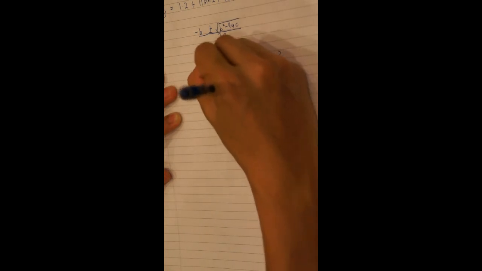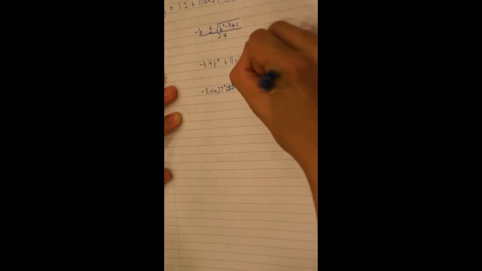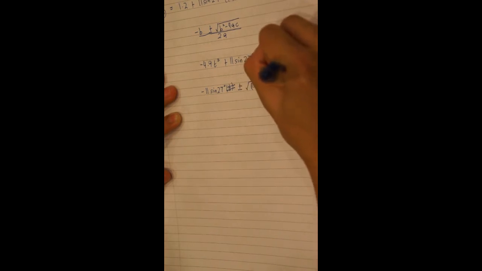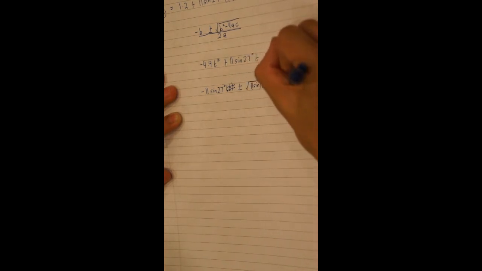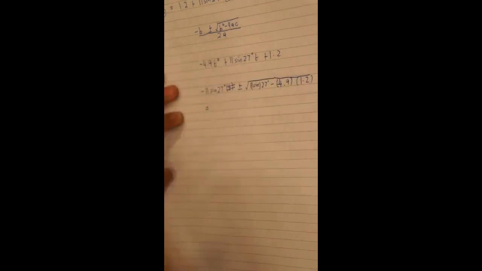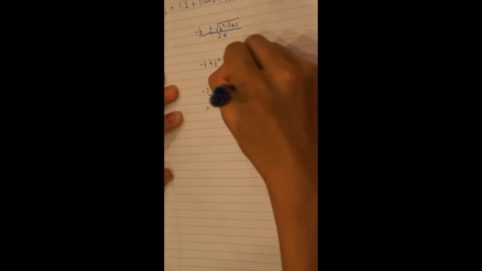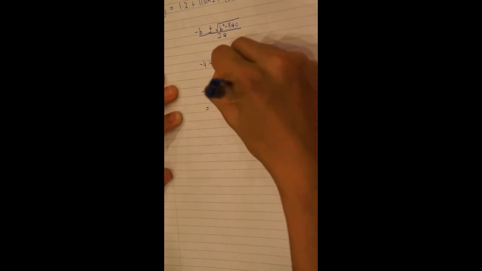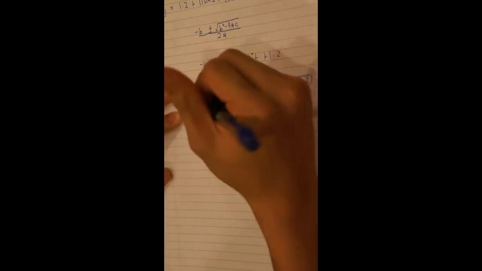Oh wait, the t does not come into the equation. Minus 4 times negative 4.9, which is a, and 1.2, which is c. So equals to, oh wait, I forgot, divided by negative 9.8, which is 2a. So I just have to calculate this.